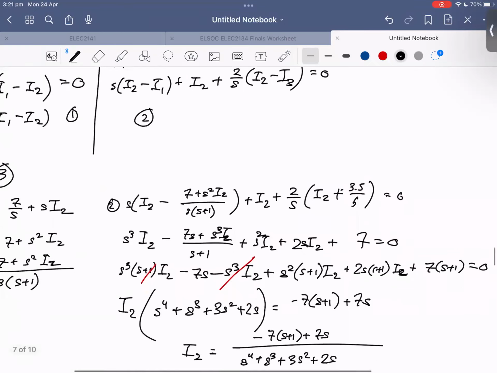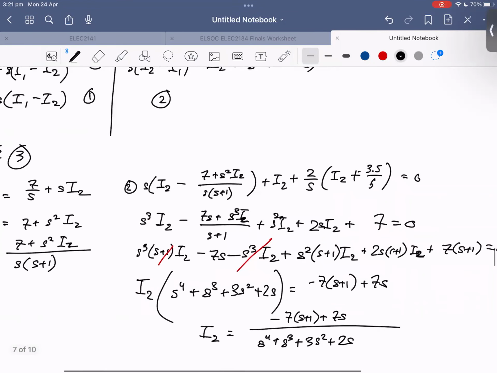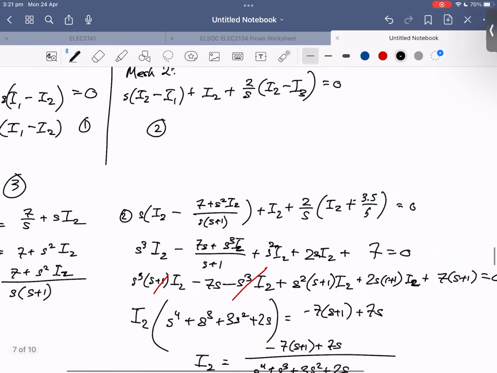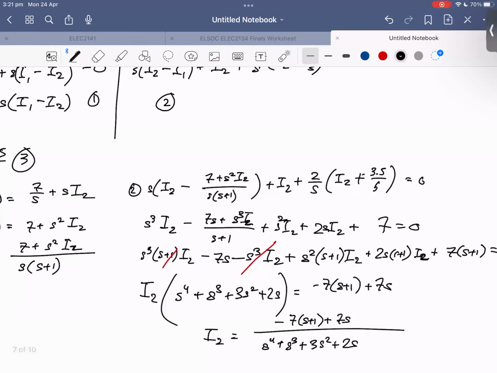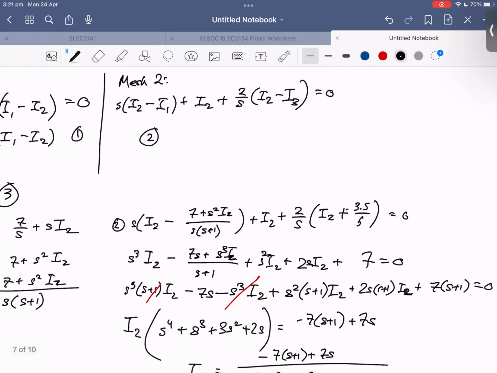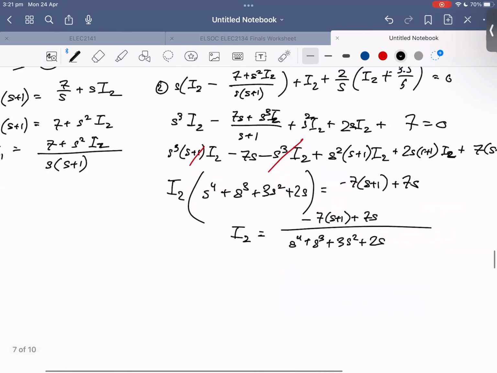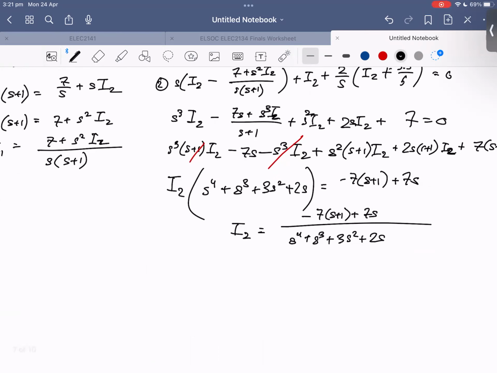I2 minus. Yeah, there shouldn't be a quadratic power.